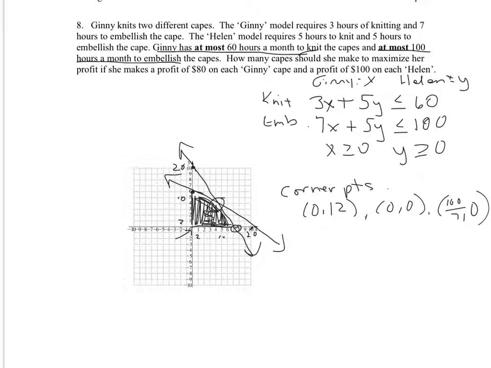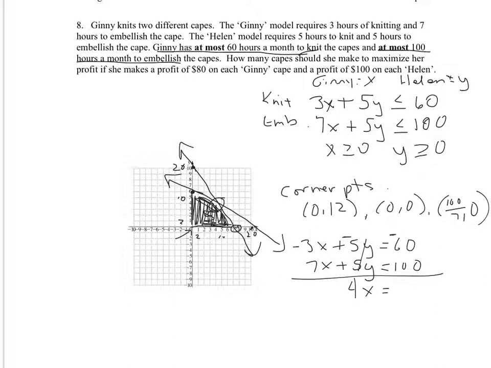So we took 3x plus 5y equals 60, and 7x plus 5y equals 100, multiplied the top equation by a -1, which let us cancel our y's, and -3x plus 7x was 4x, and -60 plus 100 was 40, and that gave us x equals 10.